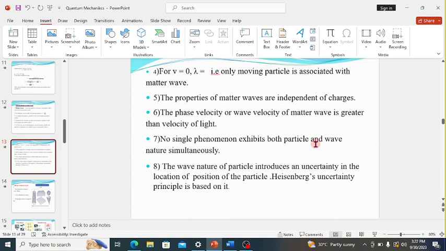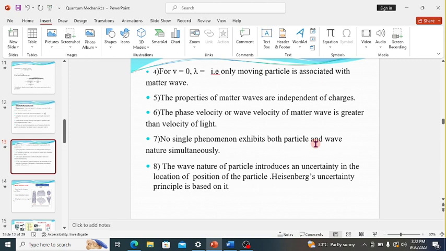Next, when the particle is moving like a wave, can I give the exact position? No, exact position cannot be given. Exact location of the particle cannot be given. For example, in the break time, when you are roaming, can I give the exact position of you?